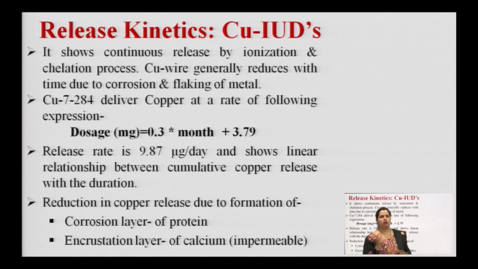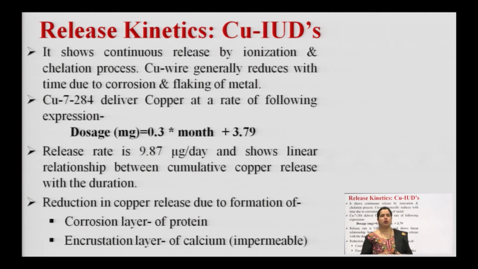This is the expression formula by which we can see the release of copper from the IUDs over a period of time. The release rate is 9.87 microgram per day and shows a linear relationship between cumulative copper release and duration. So, this is how we calculate the copper release from the device up to the said duration.